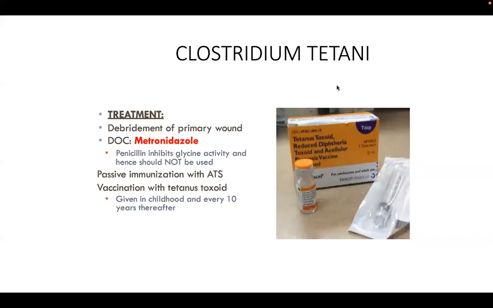And part of the treatment, of course, is the passive immunization. Then we also give the tetanus toxoid.